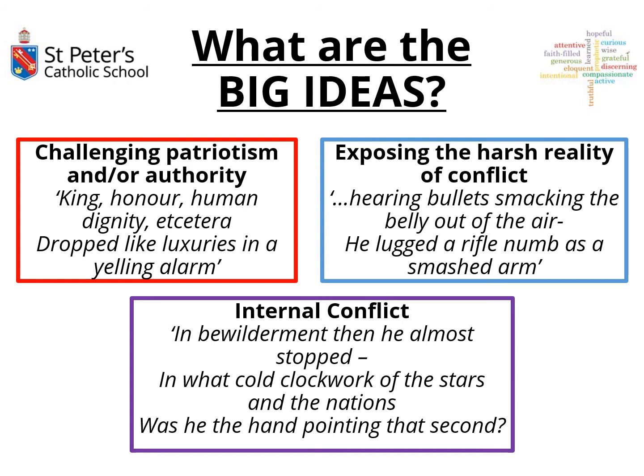And my evidence for this one here, "in bewilderment then, he almost stopped. In what cold clockwork of the stars and the nation was he the hand pointing that second?" So that comes right at the start of stanza 2. And that hyphen at the end of the first line encourages the reader to pause. Hughes wants us to pause here very much in the same way that he describes the soldier as pausing.